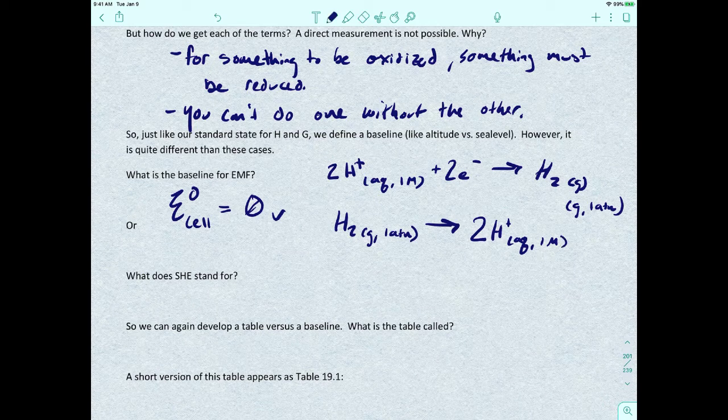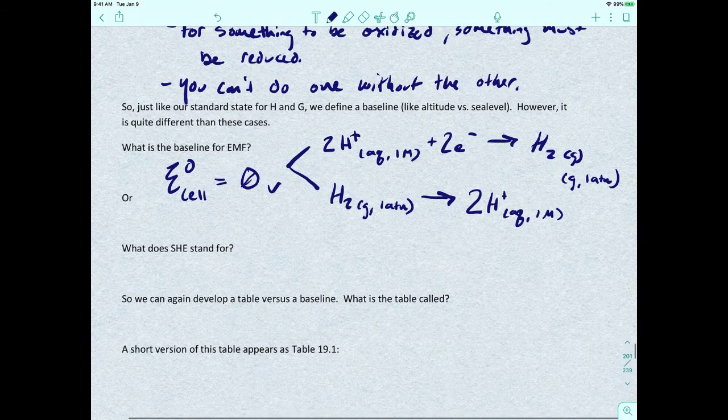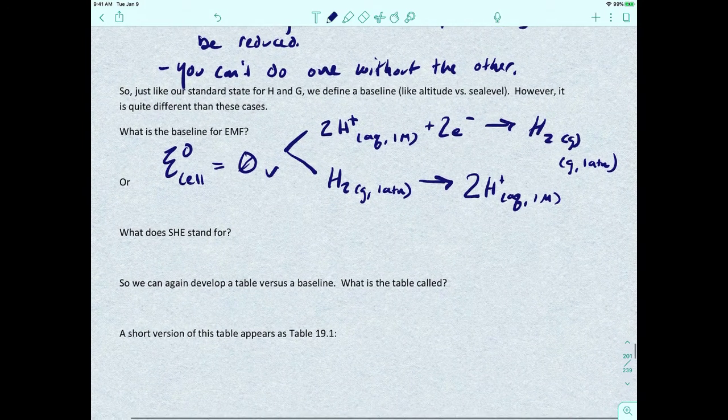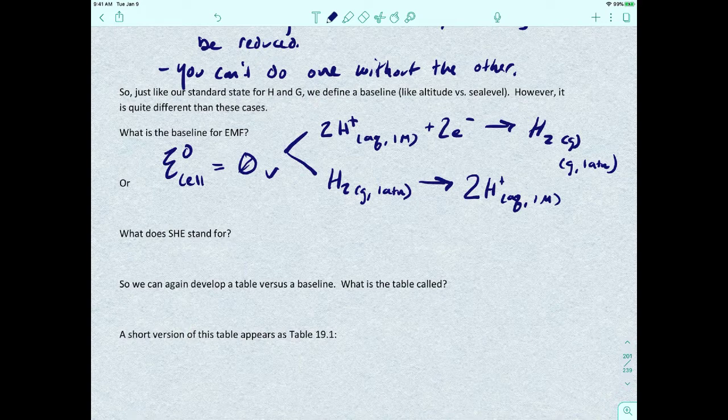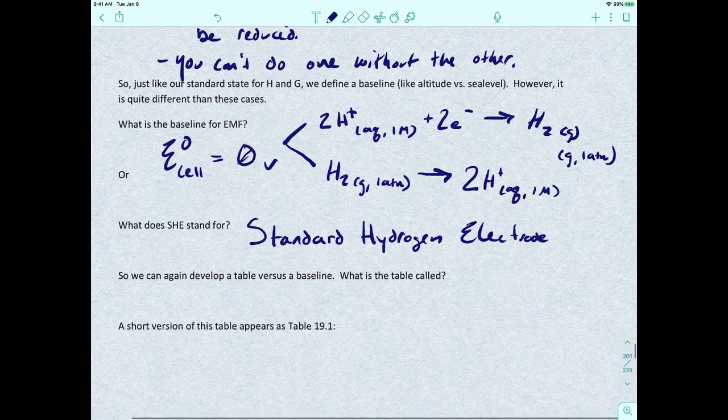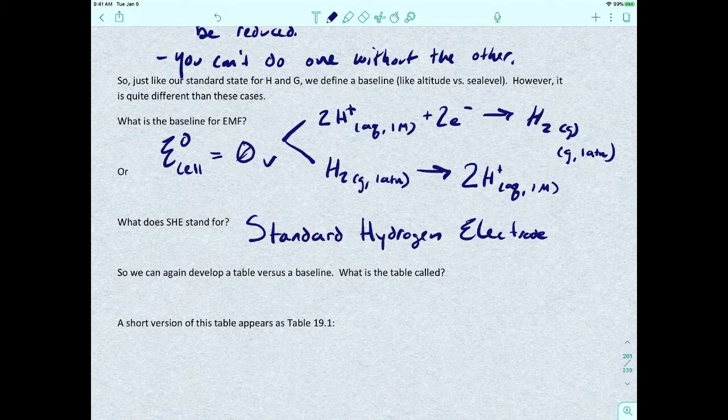Both of these half reactions will generate 0 volts. We call this the standard hydrogen electrode, or SHE. And this is our baseline because these half reactions generate no voltage.